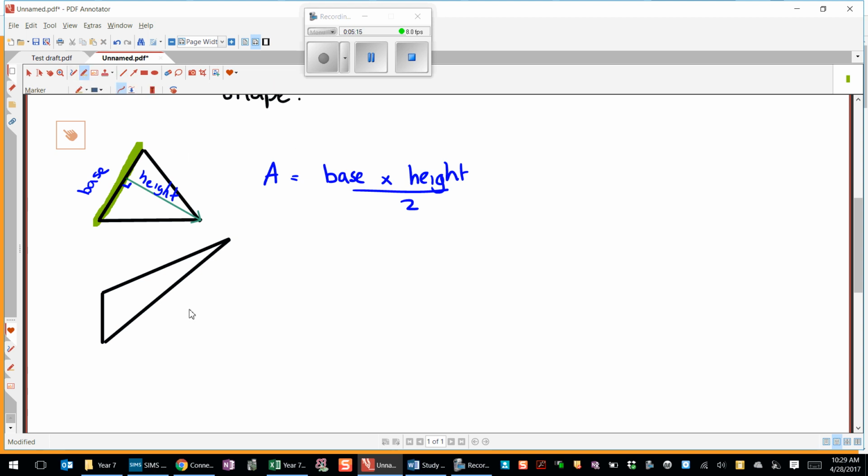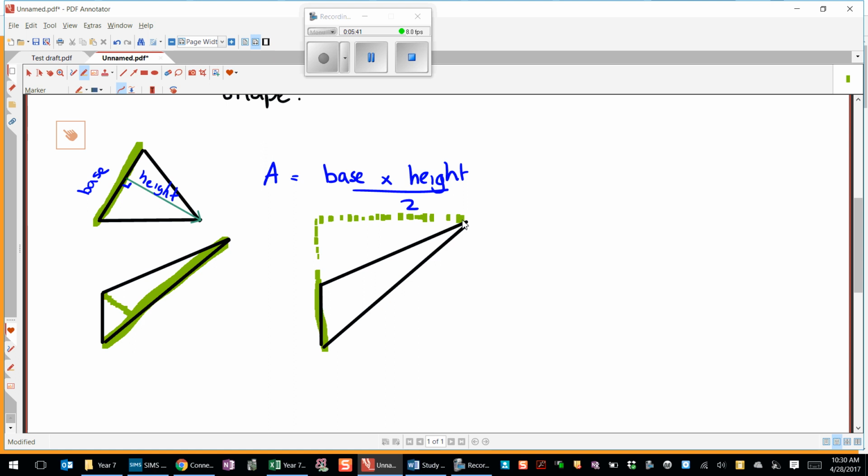I could make that the base, therefore the height would be there. Or I could, if I try and draw a similar one, make this the base, then I'd have to extend up, and the height would be that distance.